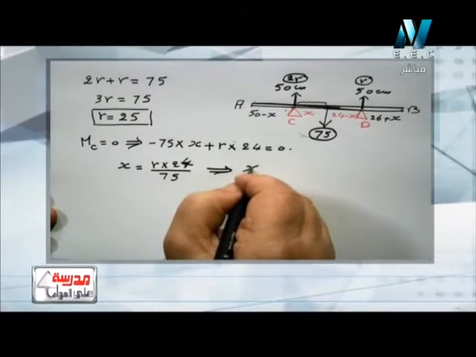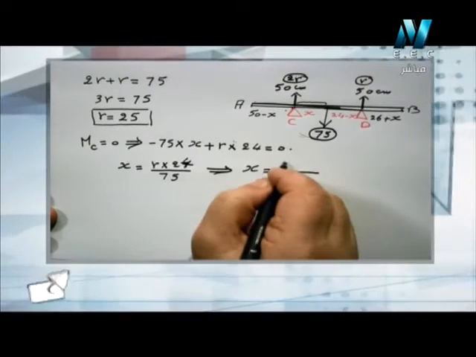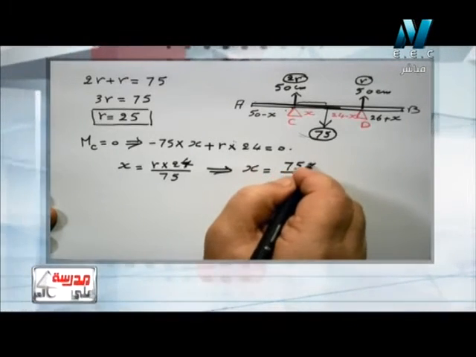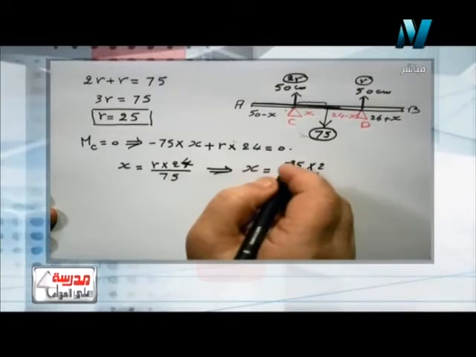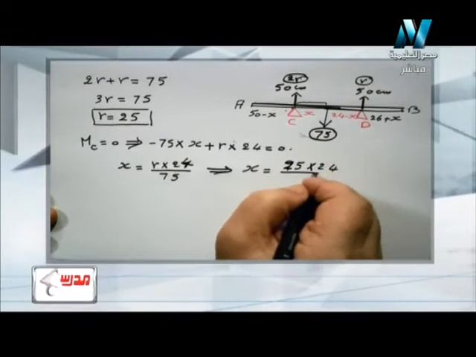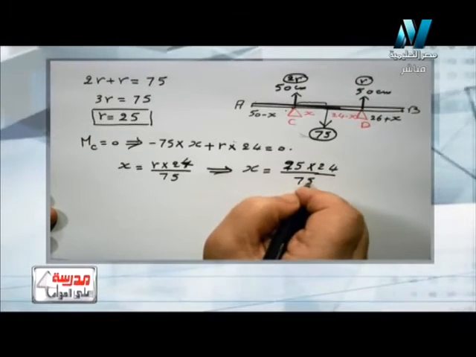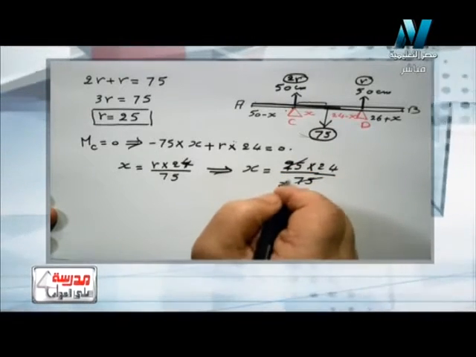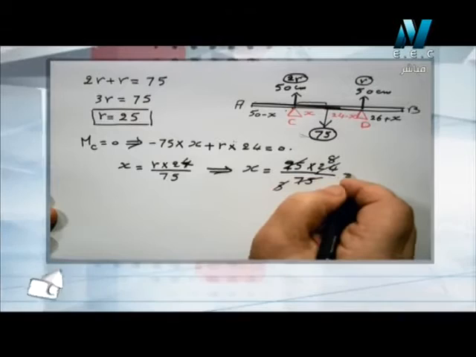يبقى X equal 25 multiply 24 over 75. This equal 8 يبقى equal 8 centimeter.